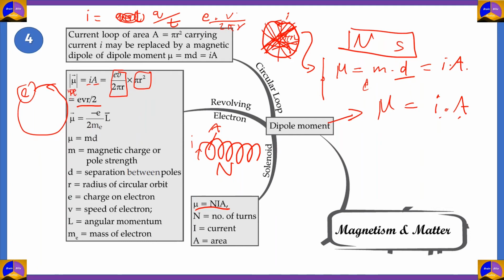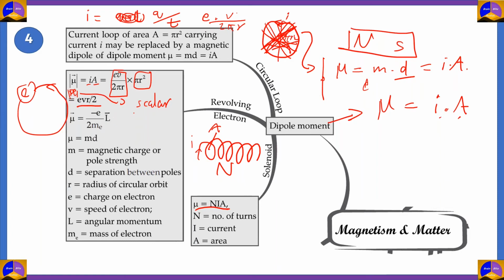So modulus means that it's the scalar value without direction. Now mu can also be written as the angular momentum times charge by mass ratio. So that is equal to mu is equal to minus e by 2 me times L bar.